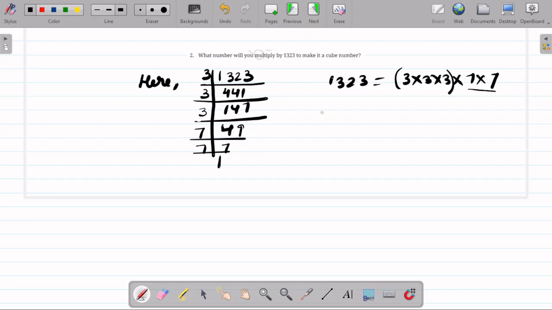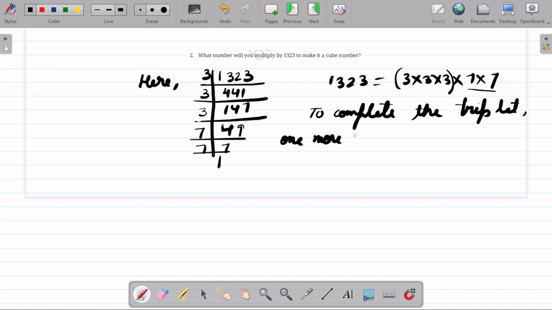So to complete the triplet, one more 7 is required.